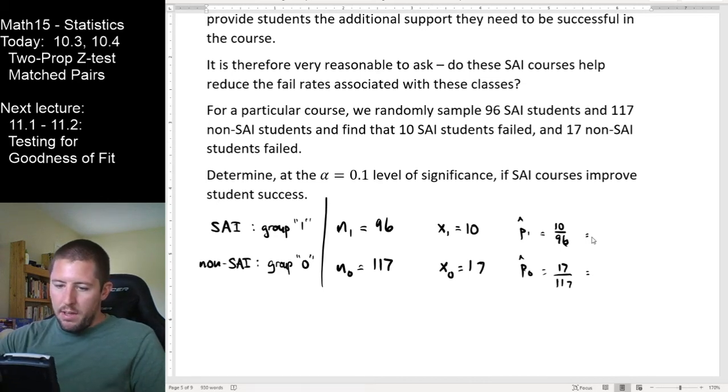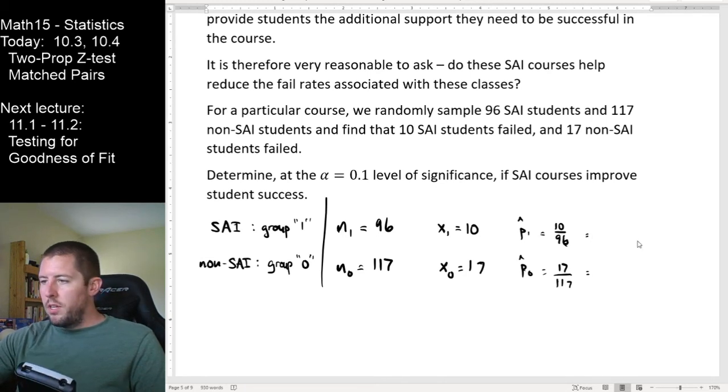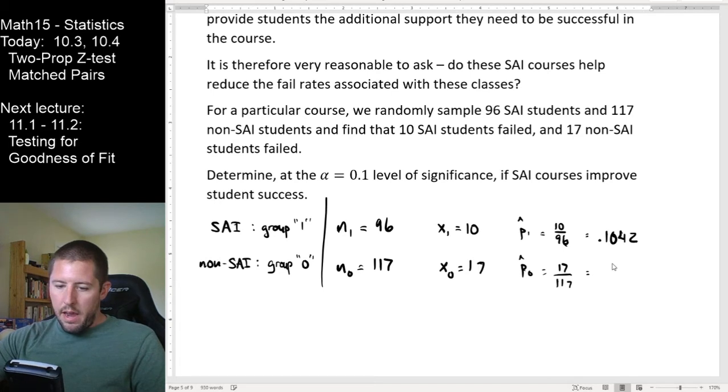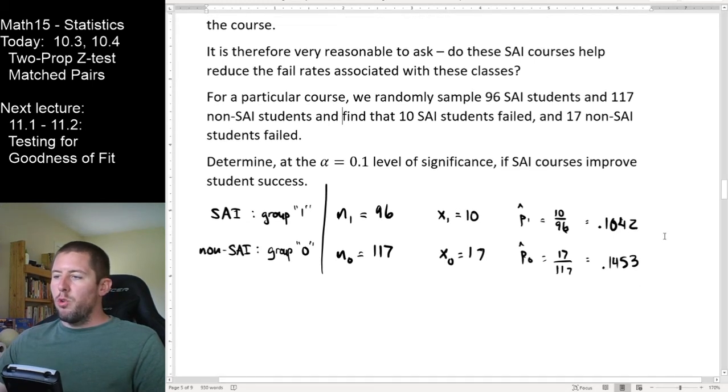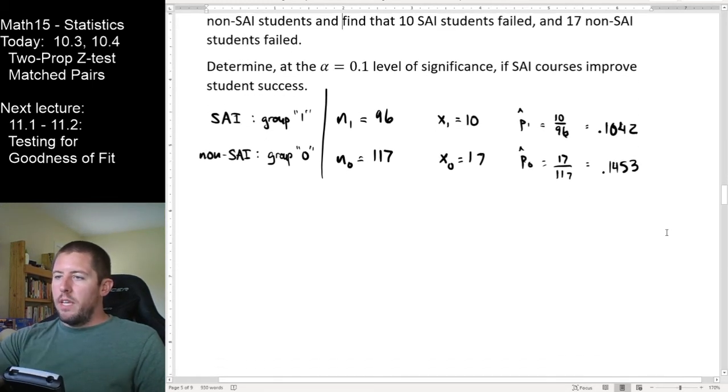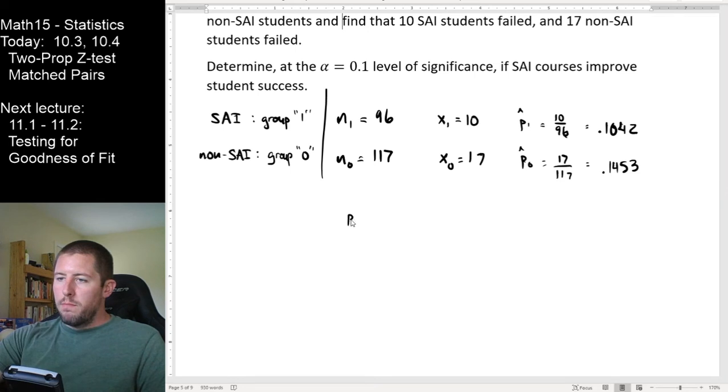And I am getting values here of 0.1042 and 0.1453. All right, so we've got our individual proportions here. As we've also seen, we're going to want to know our pooled proportion.